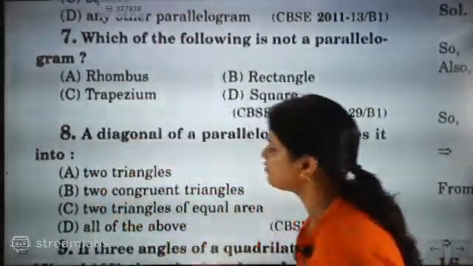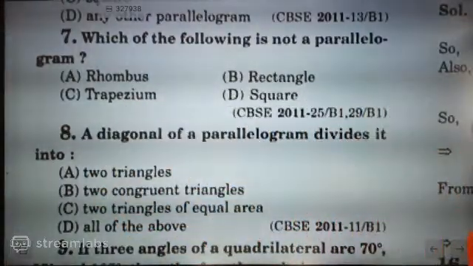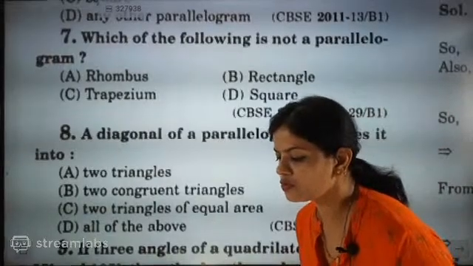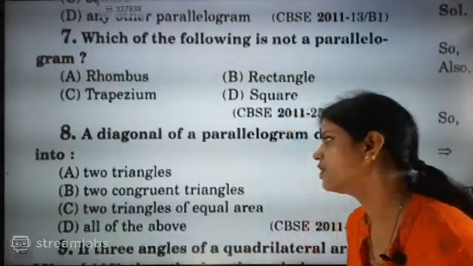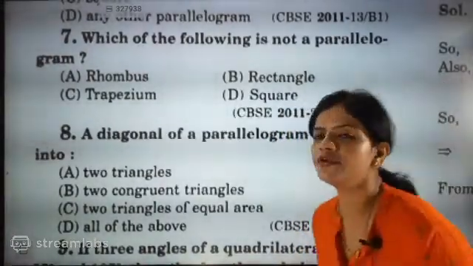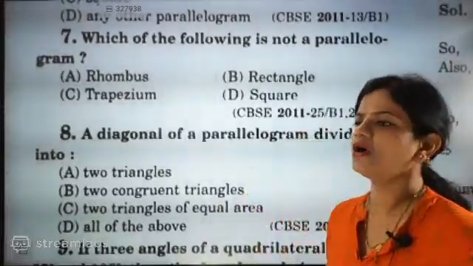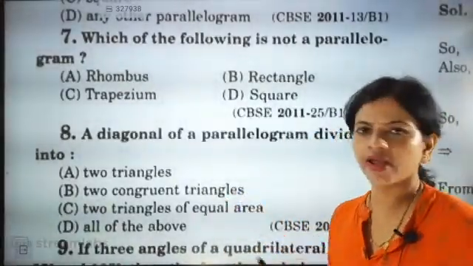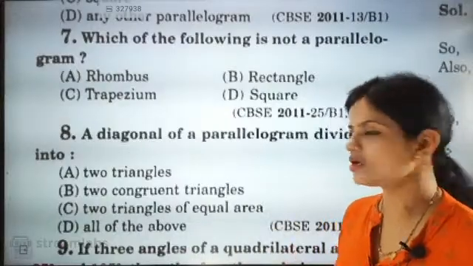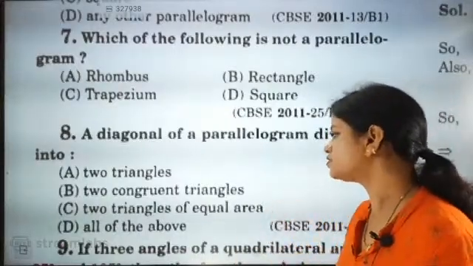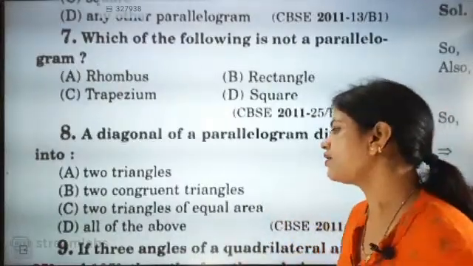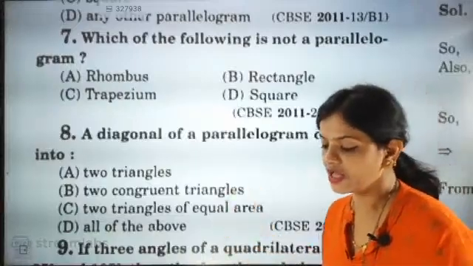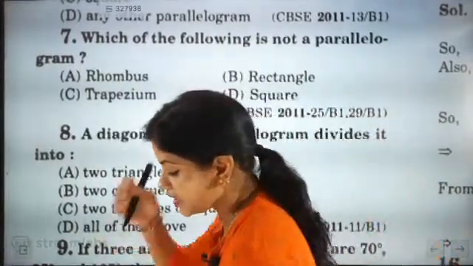See, a diagonal can divide a parallelogram into two triangles, two congruent triangles, and two triangles of equal area. So all the above will be the answer here. D is going to be the correct answer.